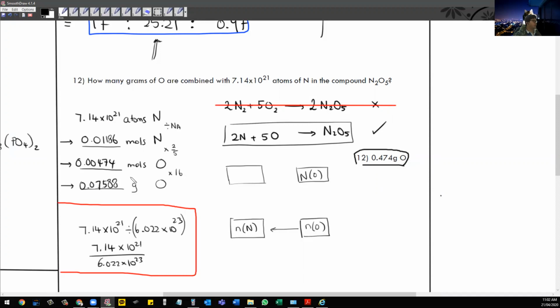No. I got 0.061. But do you understand this method right here? Did you follow the calculation that I did? I think this is the wrong answer. Maybe how did they get that? So that's about 10 times more.